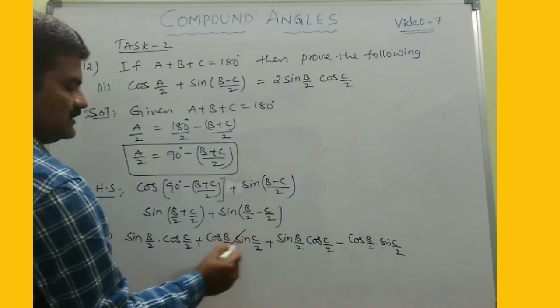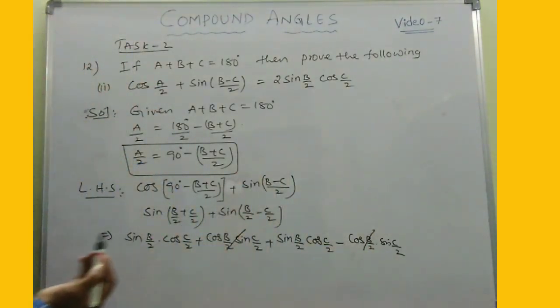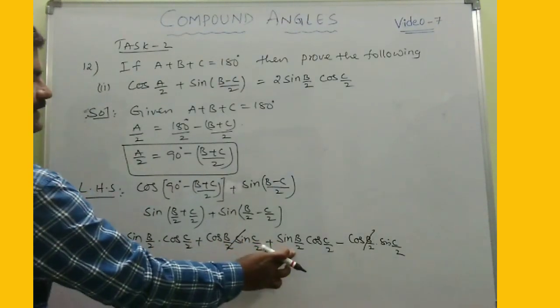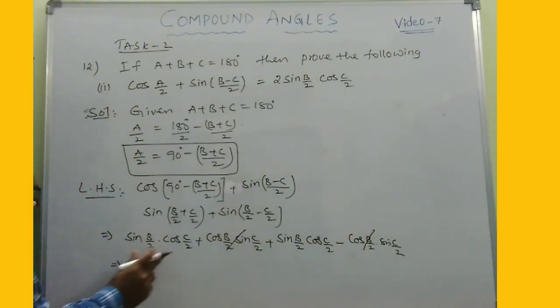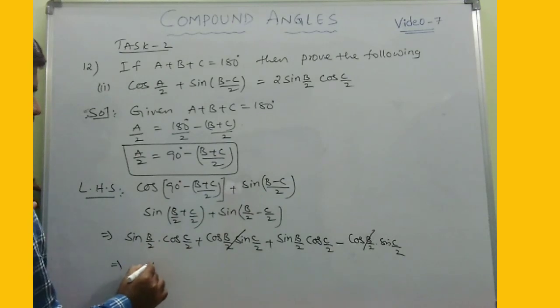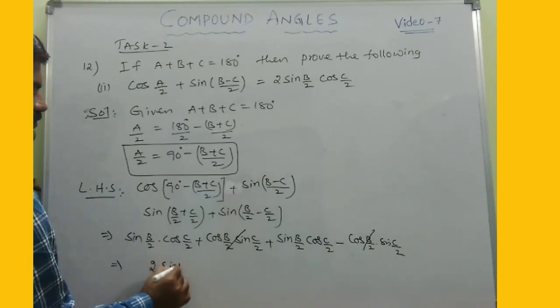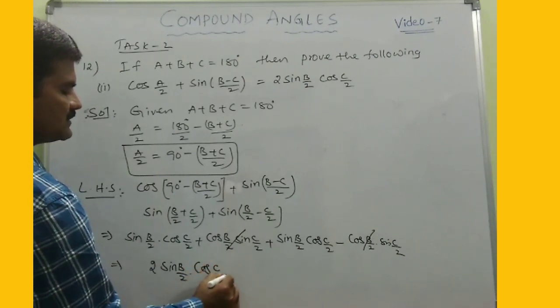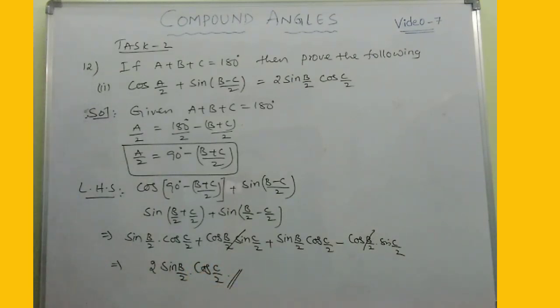So these two terms are cancelled, and once again this and this both are like terms now. Just like x plus x is 2x, hence this is equal to 2 sin B by 2 into cos C by 2. Okay.